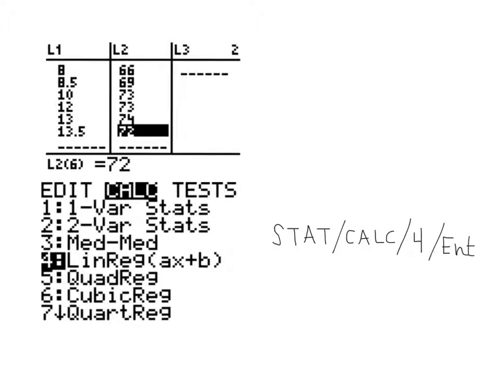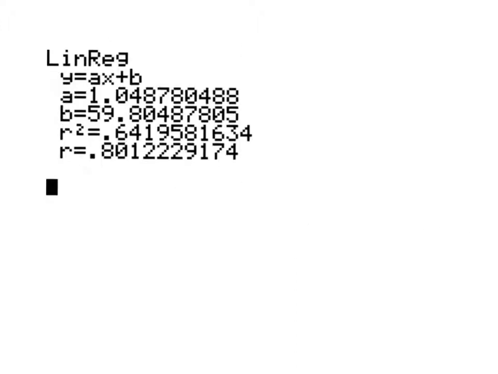It takes you back to your home screen where it gives the equation for the least squares regression line. You'll notice that it's giving it to you in the form of y equals ax plus b. And then it's telling you that a is equal to that number and that b is equal to this number.